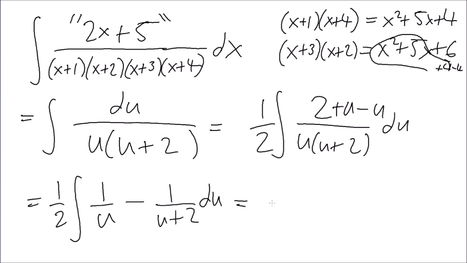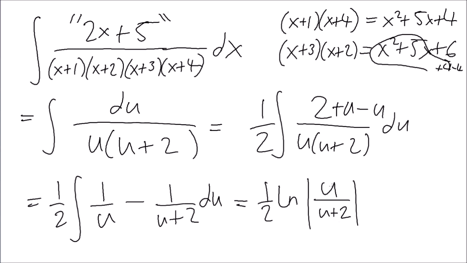Okay, very tricky stuff, but I'm showing you this now so that you are aware of it. It gets you into the experience of speed integrating. So now this is just half of ln of, well, this is just u over u plus 2 technically, right?